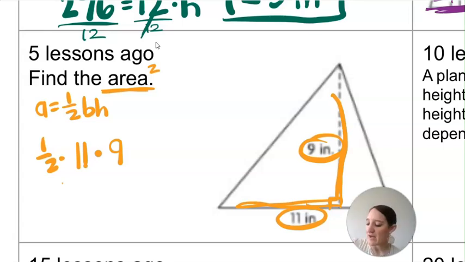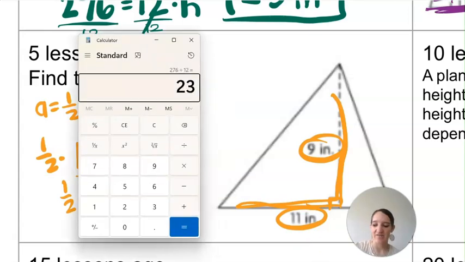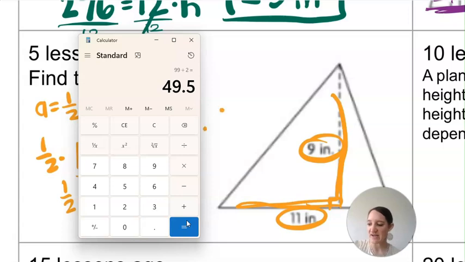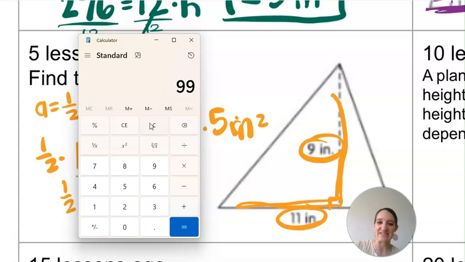Okay, half of 99 is something. I've got two options to take half of 99. I can go 99 divided by 2. And that should half it, right? 49.5. Or my other option is I can go 99 times 0.5.